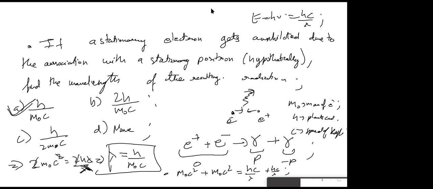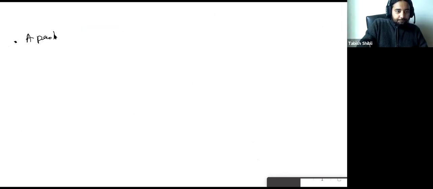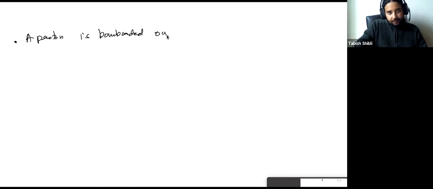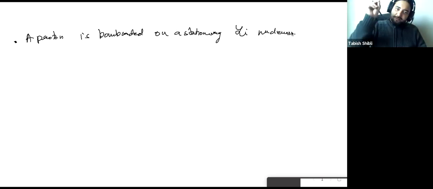Actually, this would take some time. Let's do it this way. You have a proton that is bombarded on a stationary lithium nucleus.